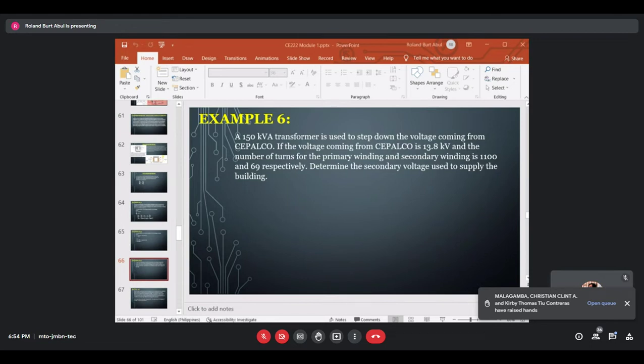Primary voltage times secondary winding divided by primary winding, sir. Unsa na imong primary winding? 1,100, sir.